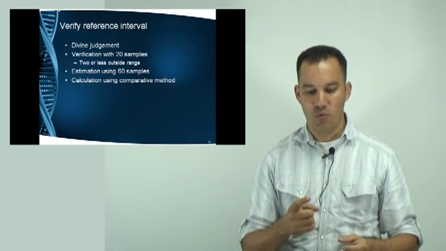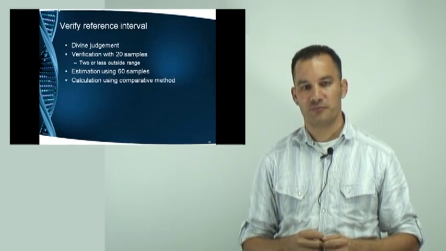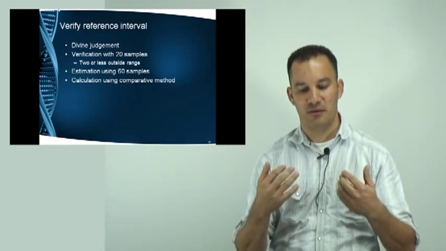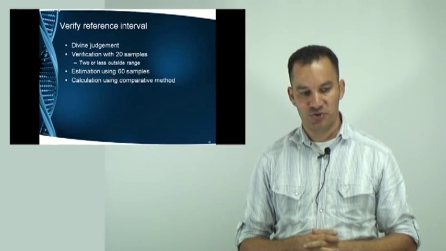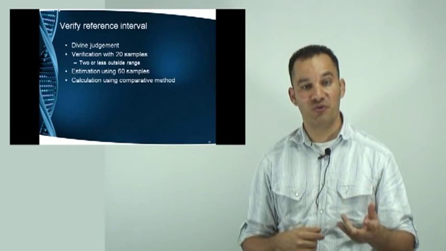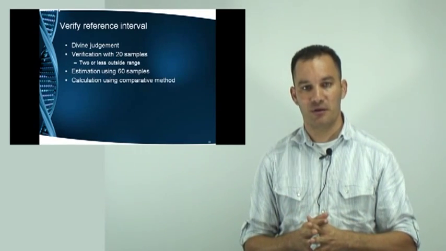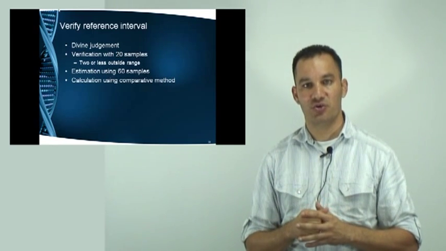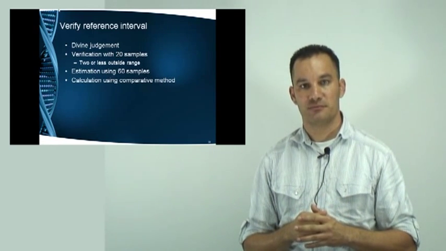If 0, 1 or 2 are out of the range, then we can use the reference interval as claimed by the manufacturer. However, if 3 or 4 are outside the range, then we have to bring in an additional 20 samples.